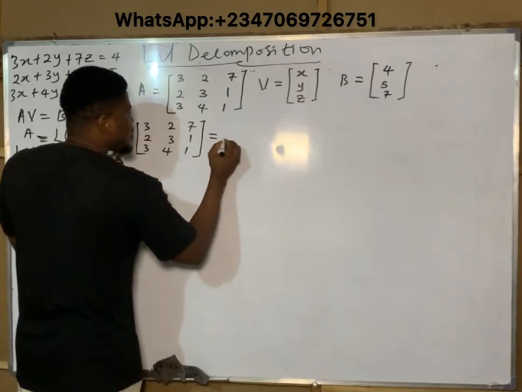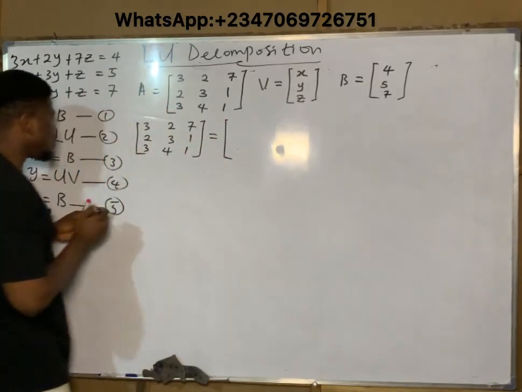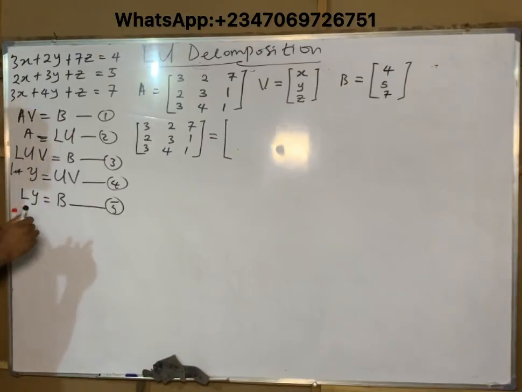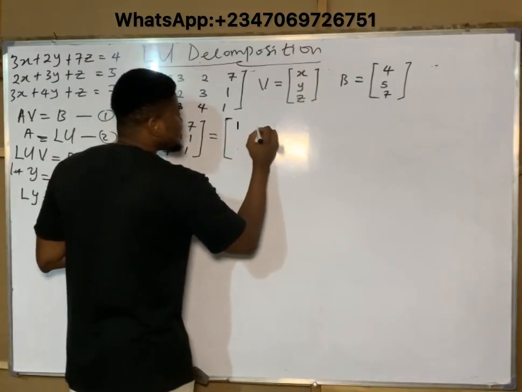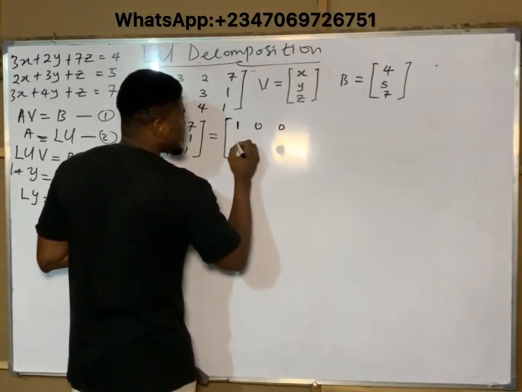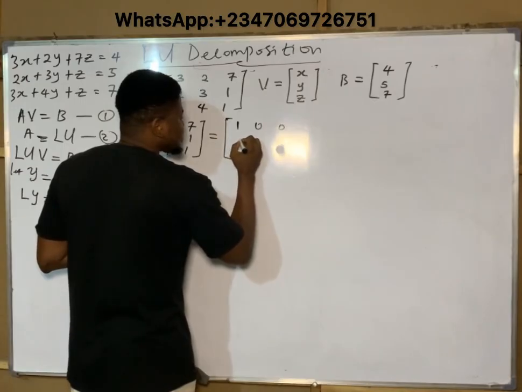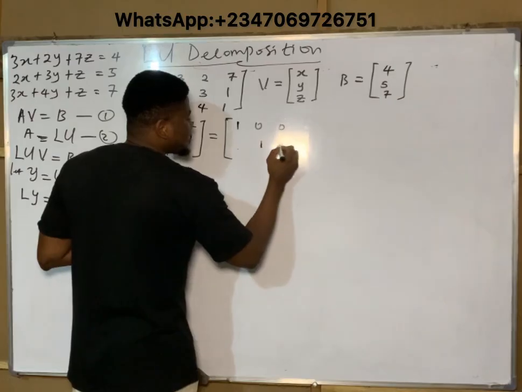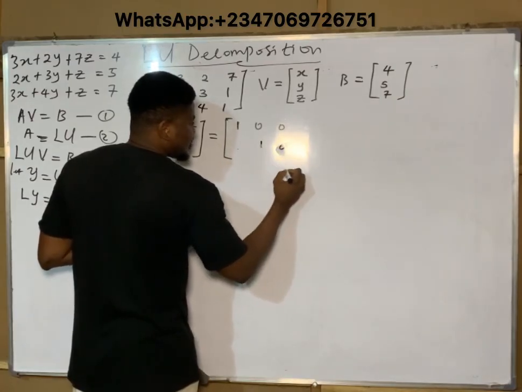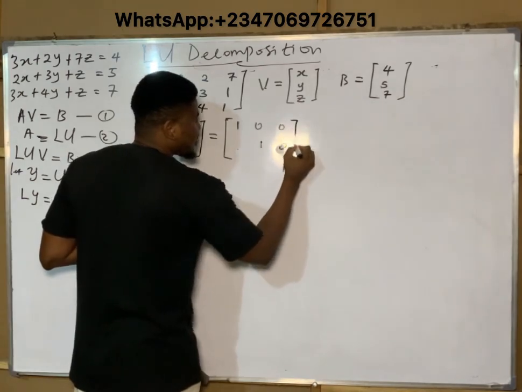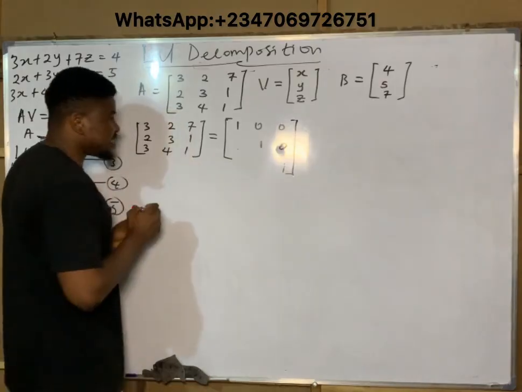And this is going to be equal to the lower matrix multiplied by the upper matrix. And the lower matrix we said is going to be 1, 0, 0, then 1, 0, then 1. So this is our lower matrix.